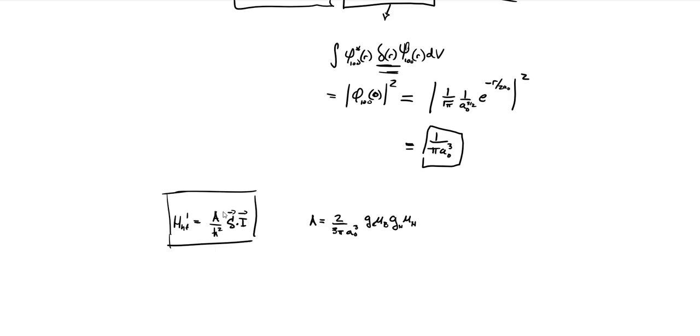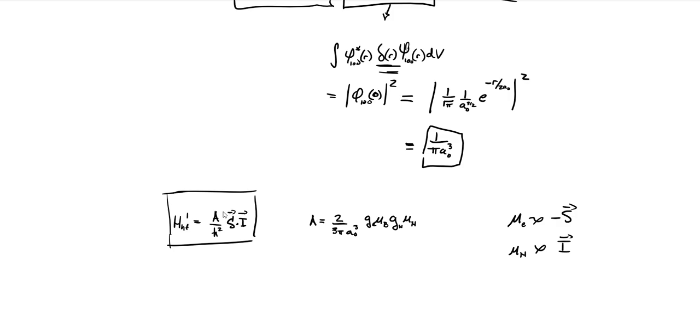The magnetic moment of the electron is proportional to negative the spin angular momentum vector, whereas the nuclear one is just proportional to its spin.